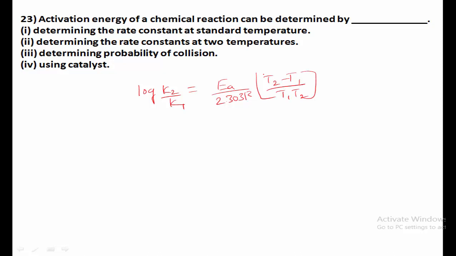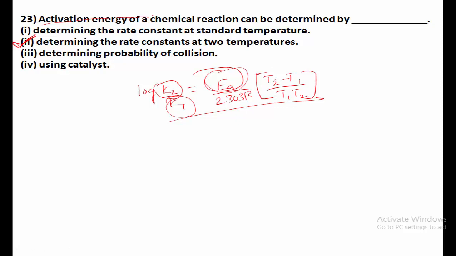This is the formula obtained from the Arrhenius equation in order to calculate the activation energy, and it can be calculated by using the rate constants at two temperatures T1 and T2, that is, two rate constants K2 and K1 at temperatures T2 and T1. By using this equation, we will calculate the activation energy, and hence option 2 is the right answer. That is, by determining the rate constants at two temperatures, we are able to find the activation energy of a chemical reaction.